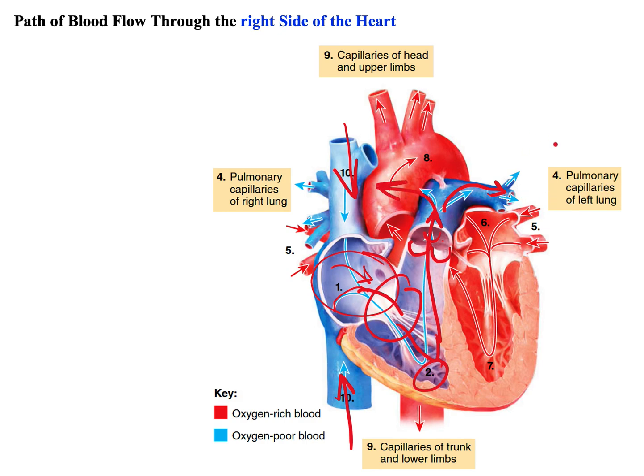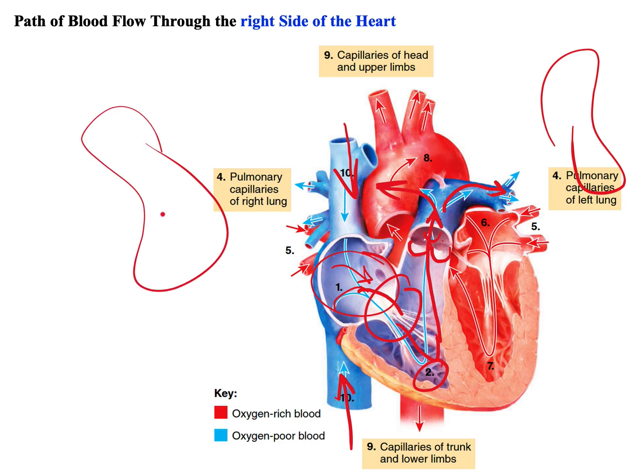lungs. Then the blood is oxygenated in both lungs, and the blood should return to the left side of the body. So the oxygenated blood from the right lung will return through the right pulmonary veins, and from the left lung also through the left pulmonary veins.